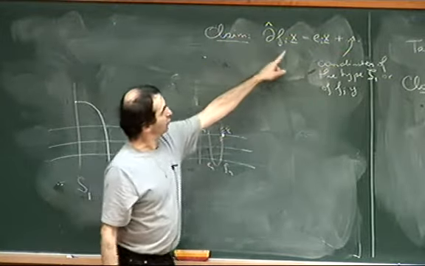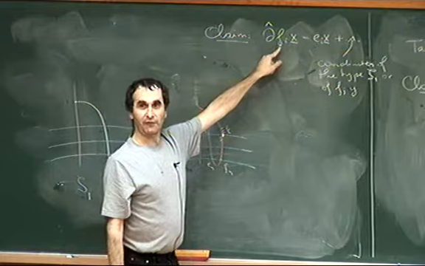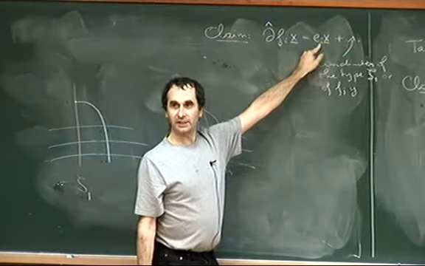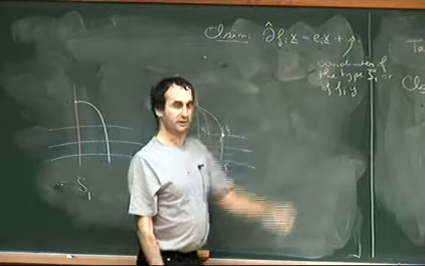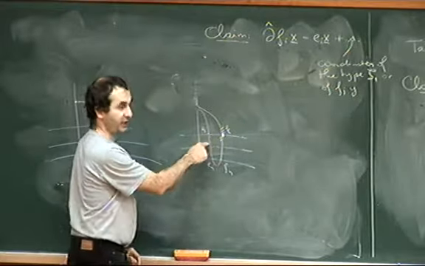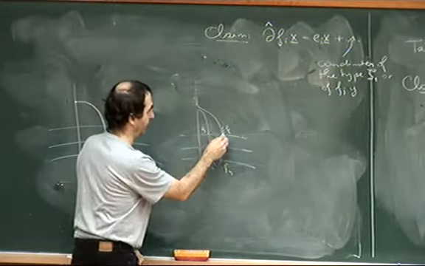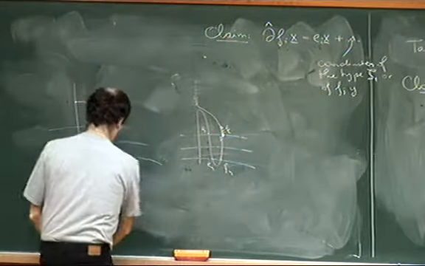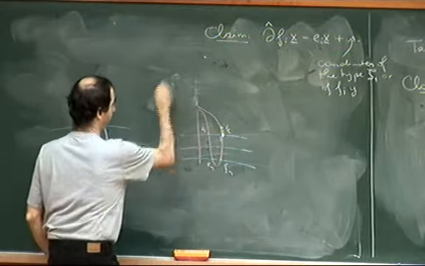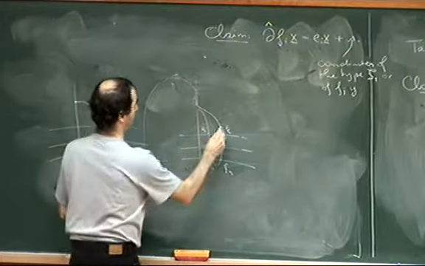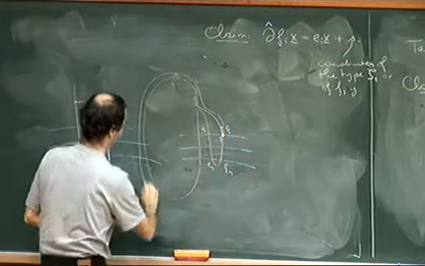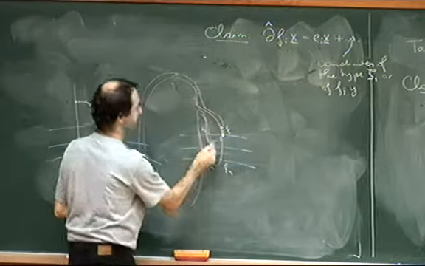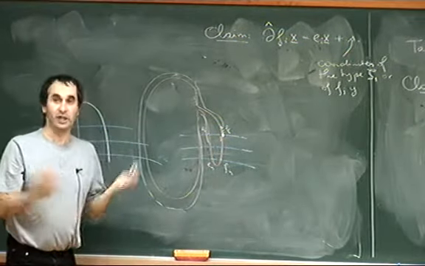And all I want to show is that if I go from Fi to some Ej, then it should be Ei. So how can I go from Fi to the Ej's? Well, there are two ways to do that. Either I start in this direction, which means that I have to go all the way around this curve. Right? I have to pass through like this, and then back here, and then stop at some Ej.